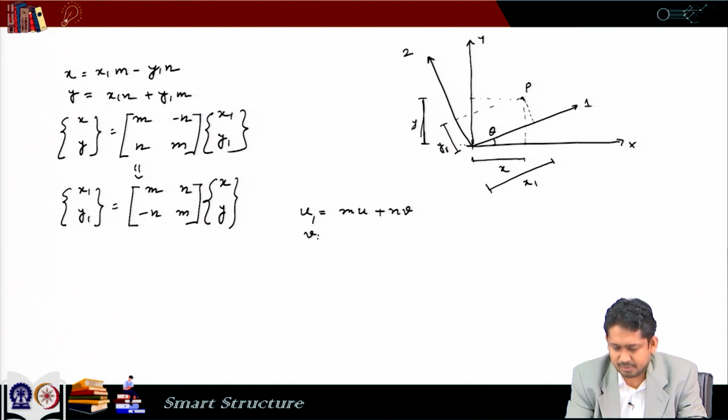Similarly, v1, which is a movement along the direction 2, can also be written as minus nu plus mv.